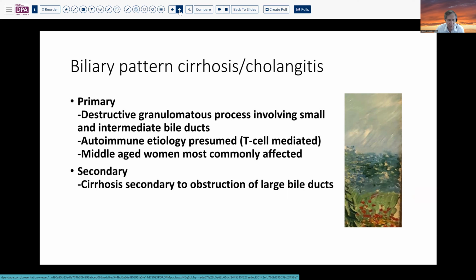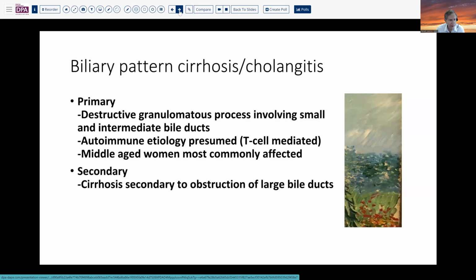On biopsies, you'll have the bile duct dropout pattern where the proportion of portal triads with few or no biliary ducts just increases exponentially. And this is a disorder most frequently seen in middle-aged women, such as our incident patient here.